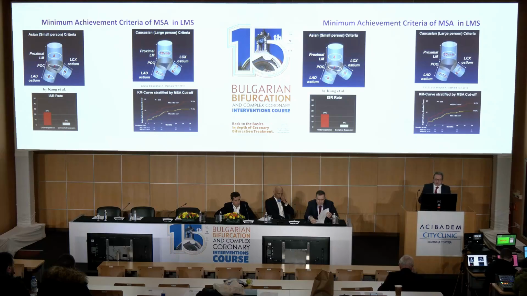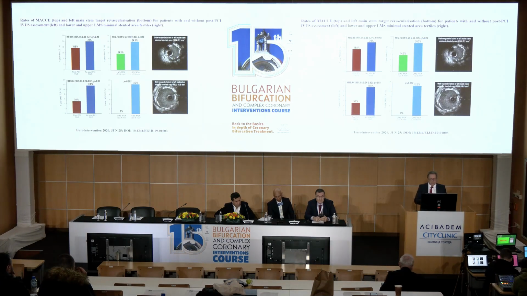But if you look, even if we increase this minimal stent area up to 9.8 square millimeters, we still have a significant percentage of patients with potential problems in terms of late outcome. So we need to understand and illustrate our results, trying to improve that.